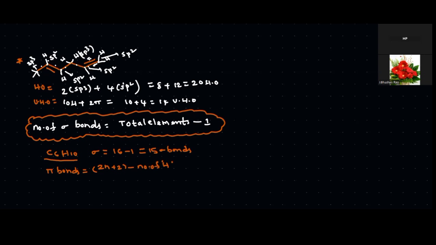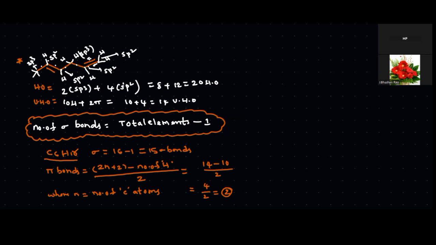Here n means the number of carbon atoms, n equals 6. 2 times 6 is 12, plus 2 is 14, minus number of hydrogens, 10 given. So 14 minus 10 is 4, 4 by 2 you will get 2. Number of pi bonds: here 1, here 1, 2 pi bonds. So by using this formula, we can calculate the number of sigma and pi bonds very easily.